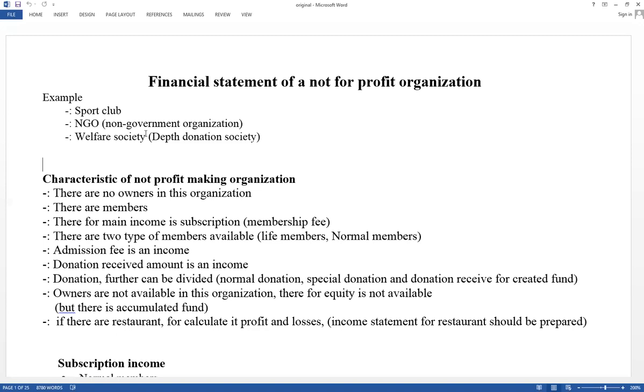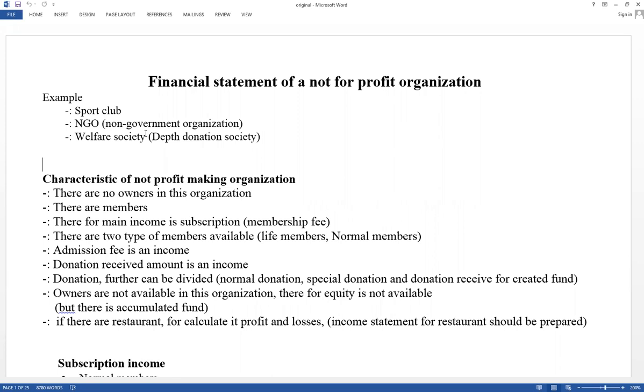Sport ground available, then sport equipment available, pavilion available, swimming pool available, gym available, members available, and employees, security persons, then electricity expense available, rent expense available, water bill available, and telephone expense available, managers available, canteen available in the sport clubs, sport festival available.